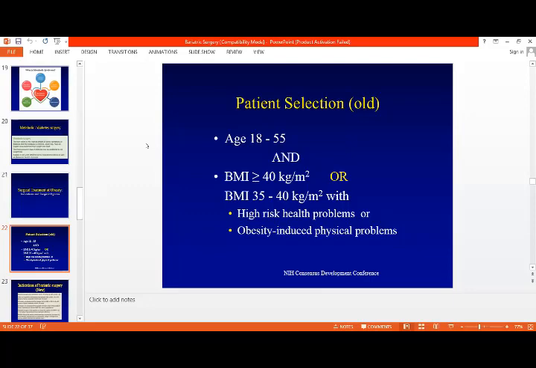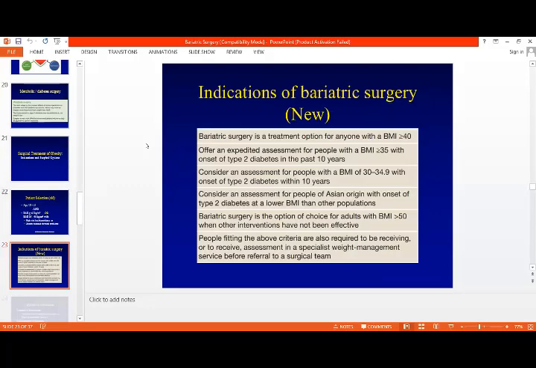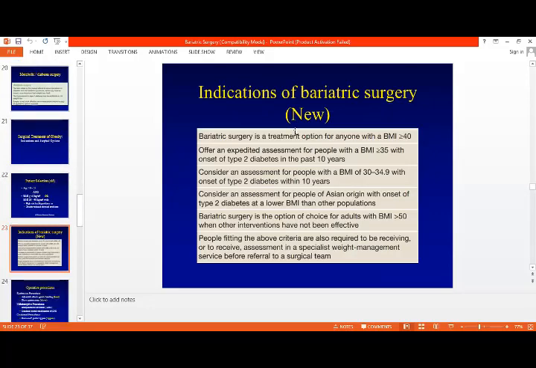But this was modified recently, and now the new indications, we have added a lot of other things. Bariatric surgery is a treatment option for anyone with BMI more than 40. It is the treatment option of choice for any adult with BMI more than 50.